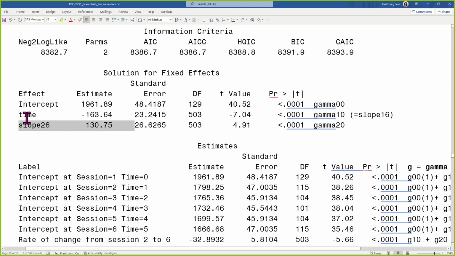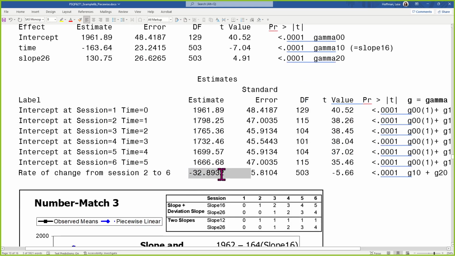The unique effect of time is only the beginning, the change from 1 to 2. And here's the 130 that was the linear combination last time. So I would say after session 2, the rate of change is significantly less negative. What is the rate of change? It's minus 163 plus 130 gets me to the minus 33 that we had before.